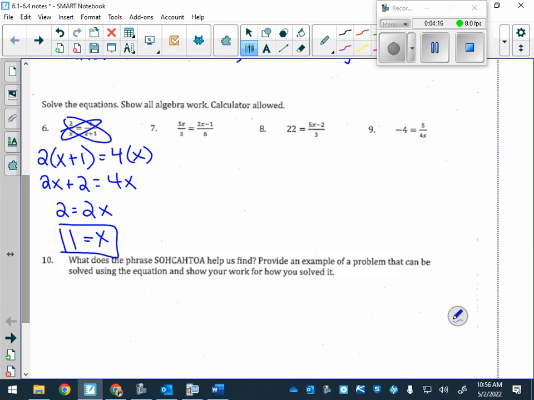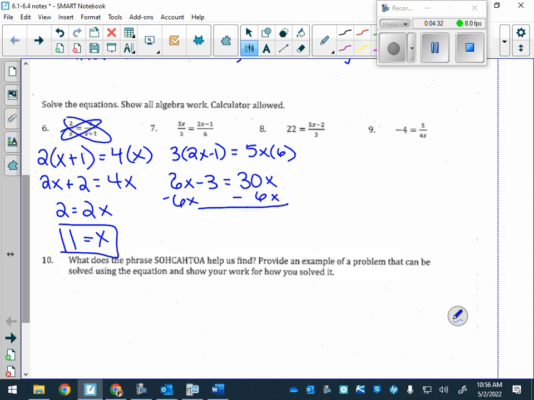So we have 3 times 2x minus 1 equals 5x times 6. 6x minus 3 equals 30x. Negative 3 equals 24x. Divide by 24 and then reduce. X equals negative 1/8 when you reduce.